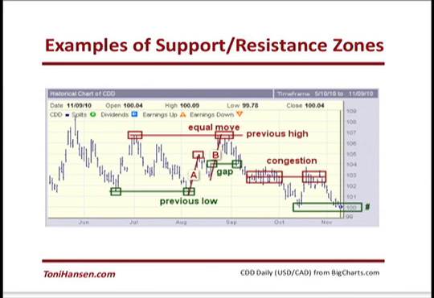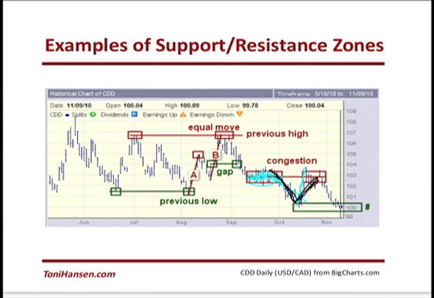Here's the congestion that we looked at earlier, where we had a lot of trading back and forth in September, and this congestion zone served as a resistance level after it broke back down and pulled back up. We also have the previous highs because we have this V type of bottom. If this had been a less extreme rally off of that low and had pulled up more gradually, we wouldn't have seen it retest that previous high as likely.